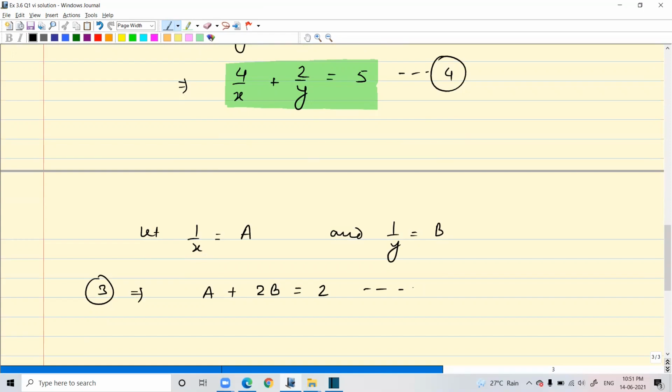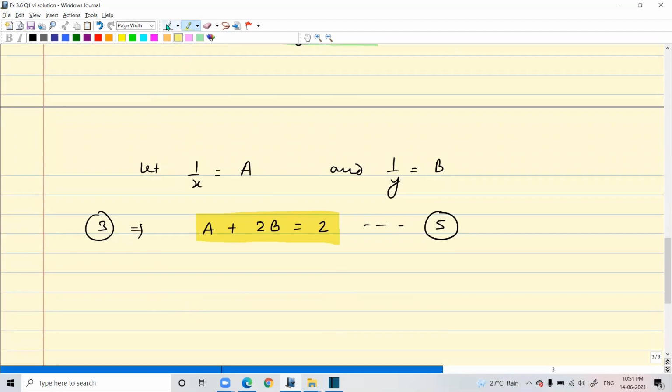So we need to give this another name. We are up to the fourth equation, so let's call this the fifth equation: a plus 2b is equal to 2. And remember, this is just a rewrite of the third equation, which was originally given to us as the first equation. So from first we converted to third, getting converted to fifth equation like this.